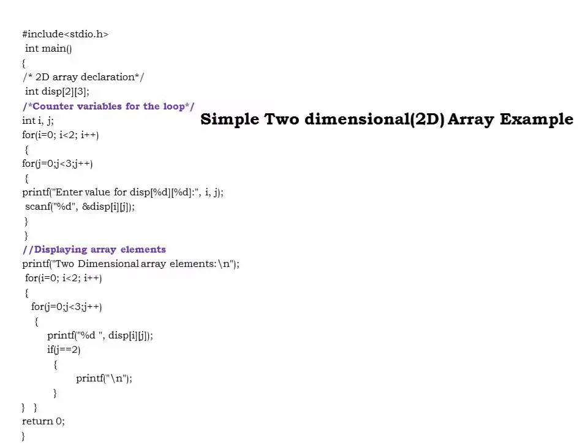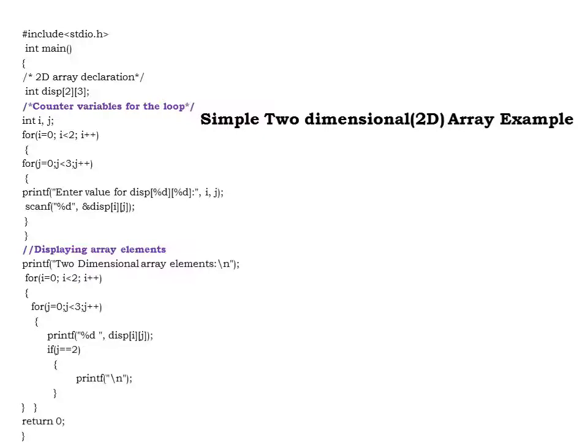This for loop represents the rows, and inside this for loop we have another for loop, for j equal to 0, j less than 3, j plus plus, which takes care of the columns. So we ask the user to enter the values for the respective locations, and it goes on reading and storing the values inside those elements.